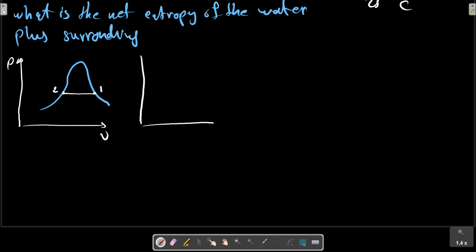and on the TS diagram we have at first saturated vapor at a constant pressure, point 1, saturated vapor to saturated liquid, point 2, and also we have two other processes here, 3 and 4.